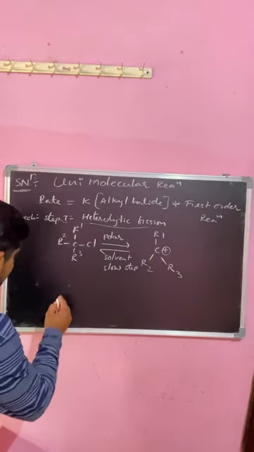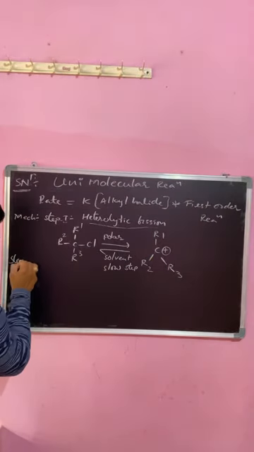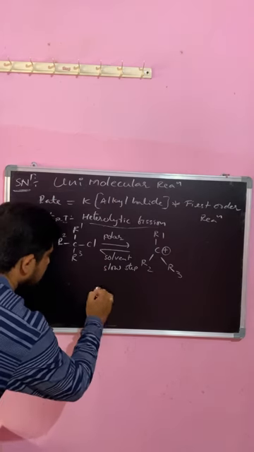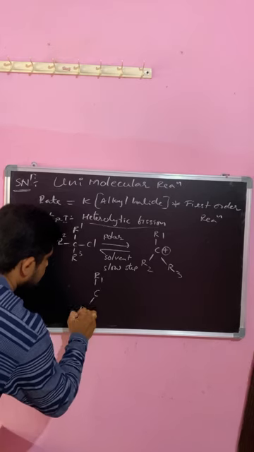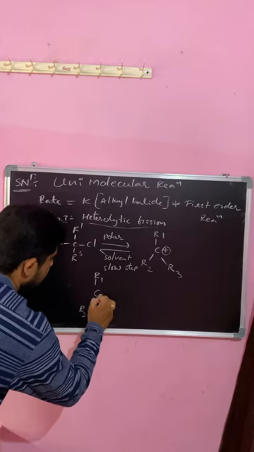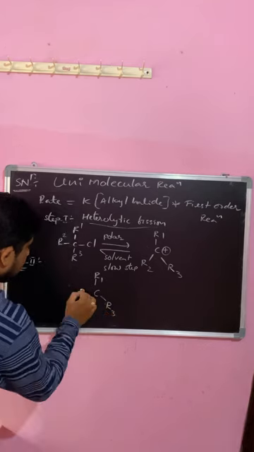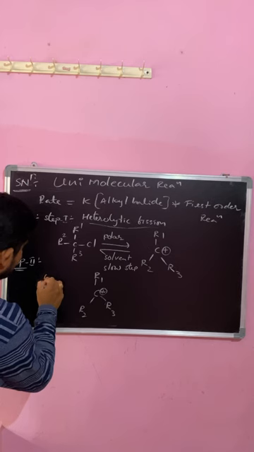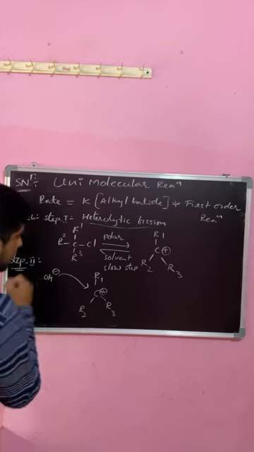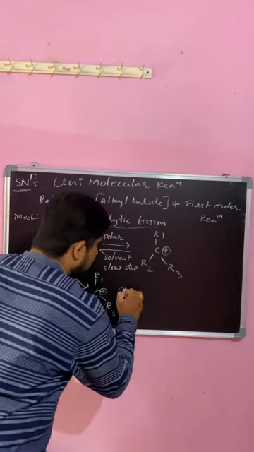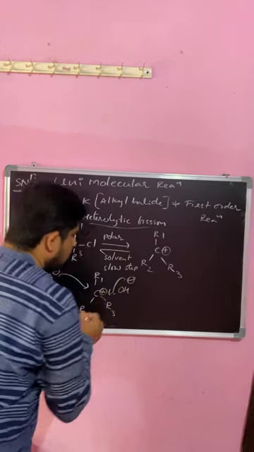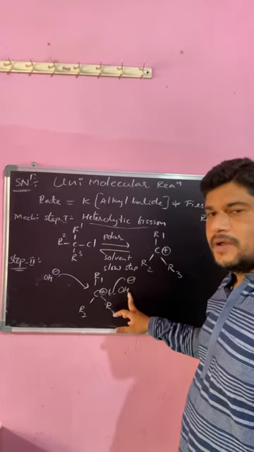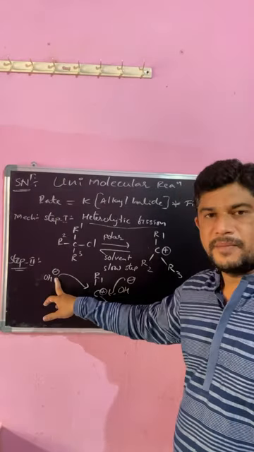Due to the trigonal planar geometry, in step 2 the nucleophile may attack the carbon atom of the carbonium ion from the back side as well as the front side.